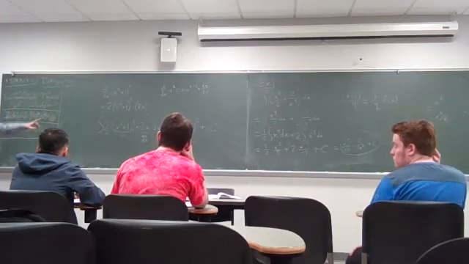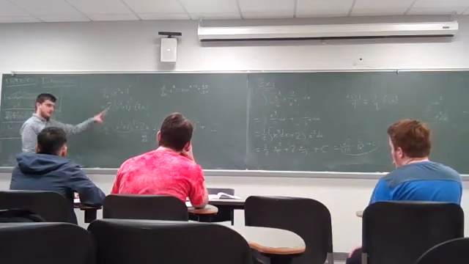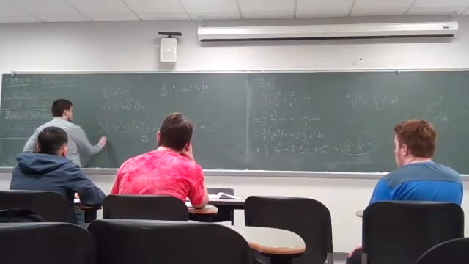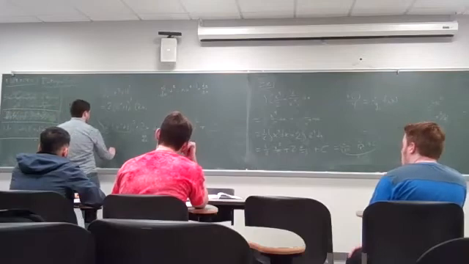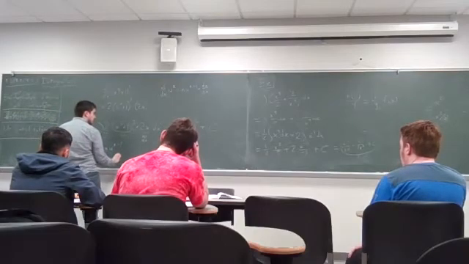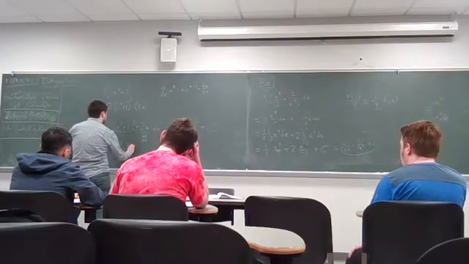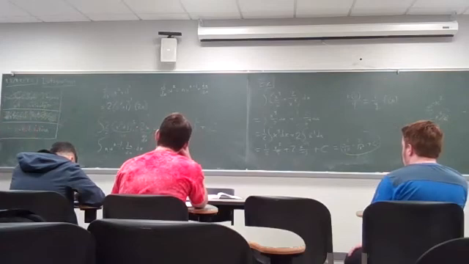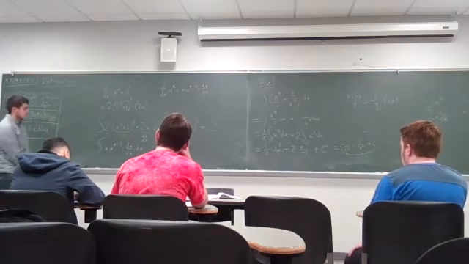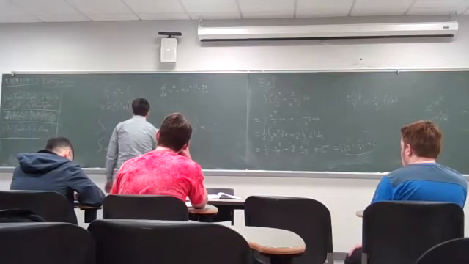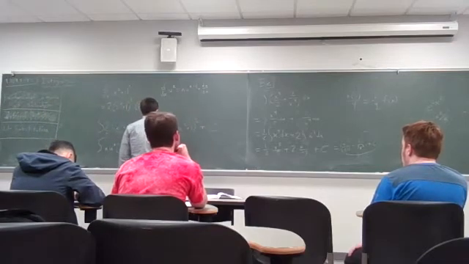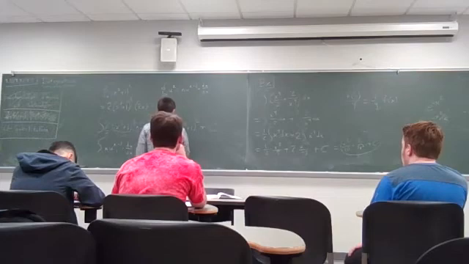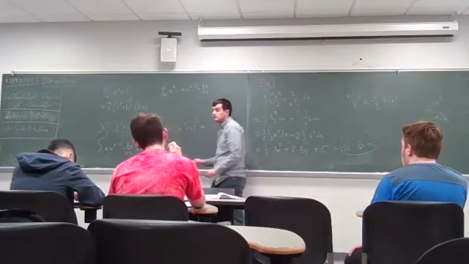So maybe let's replace what we have with those things, right? I'm going to get n u to the n minus 1 times du over dx times dx. What's going to happen to the dx's? They're going to cancel out. So this is the same thing as the integral of n u to the n minus 1 simply times du.